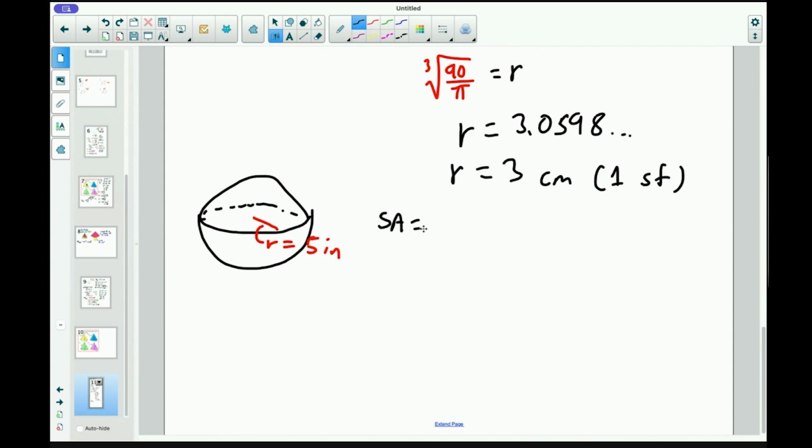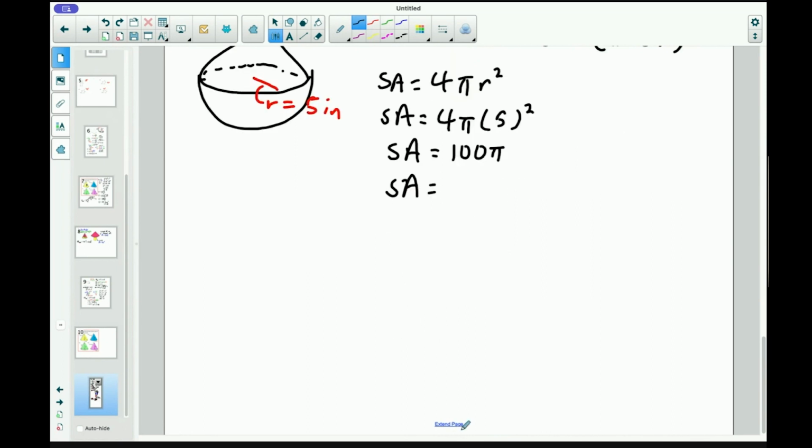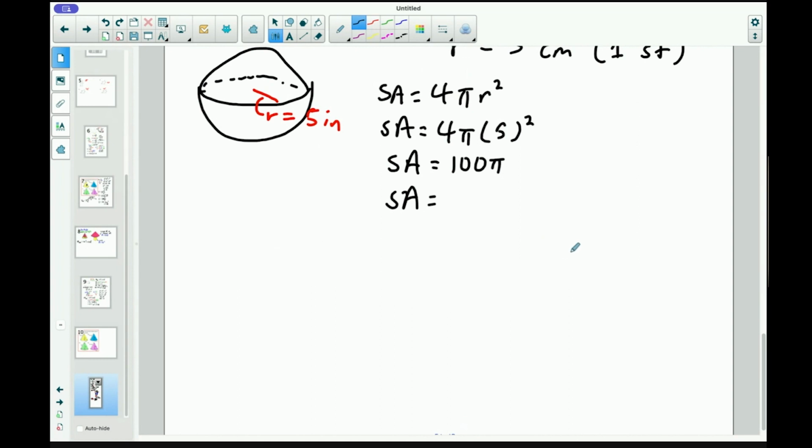So surface area is equal to 4 pi r squared. So we can go and substitute in 5 squared. 5 squared is 25, and 25 times 4 is 100 pi. So again, that could pop up in a non-calculator section as a pretty straightforward problem. We get 100 pi as our answer.